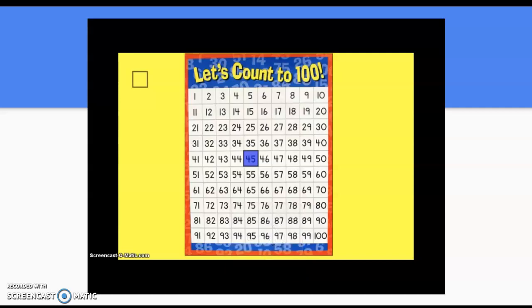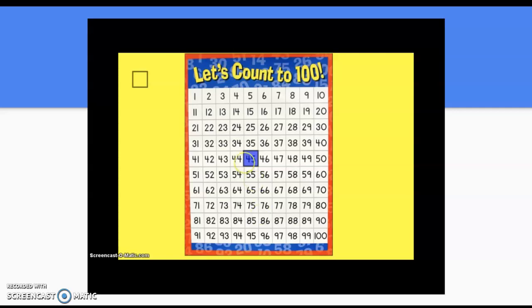Today's video is talking about finding 10 more than a number or 10 less than a number using a 100 chart. If you take a look at my 100 chart, you will see that I have highlighted the number 45. If I wanted to find what 10 less than 45 would be, I could use my 100 chart and simply count back 10 squares.